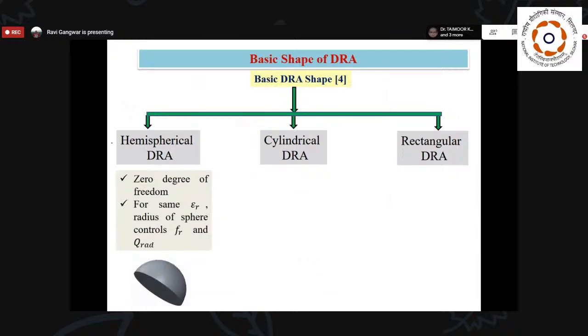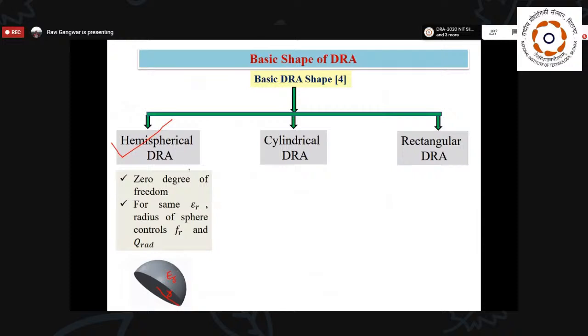If we discuss the hemispherical DRA, then in this DRA we have two different things. The first is the radius of the DR, and the second is the dielectric constant of the DR. Clear?